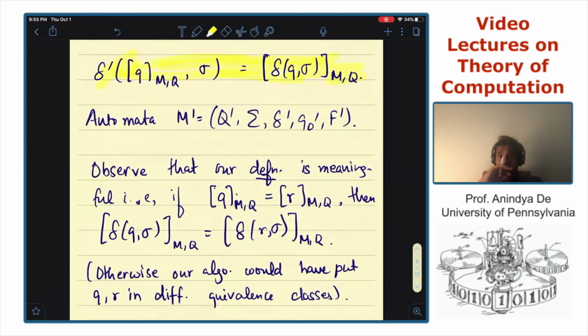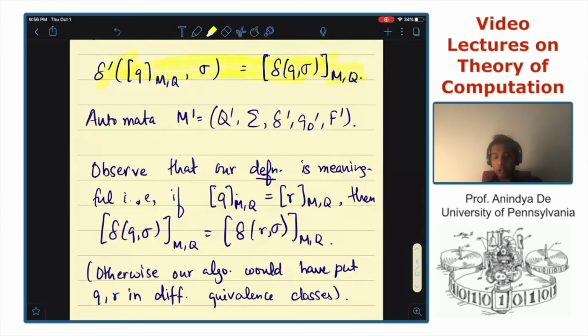Then by definition of R_{Q,M}, q and r should also be in different equivalence classes, which they're not. Which means that if [q] equals [r] with respect to R_{Q,M}, then the equivalence classes of delta(q, sigma) and delta(r, sigma) are also the same with respect to this equivalence relation.